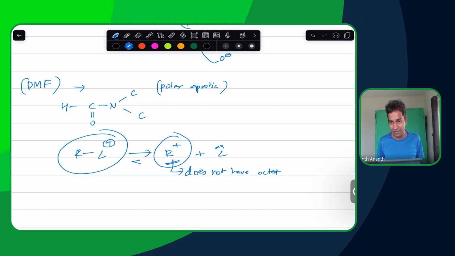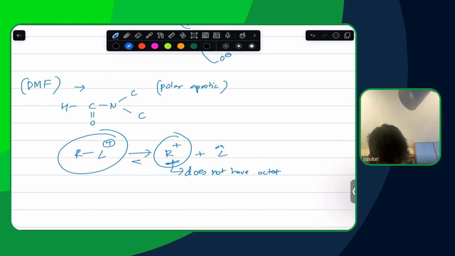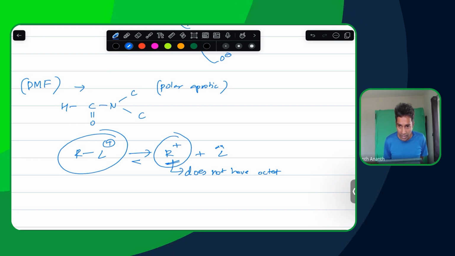Right? So in this particular case here, when you are making both sides extra stable, the one which is inherently more stable will benefit a lot more. Currently, it's an equilibrium.